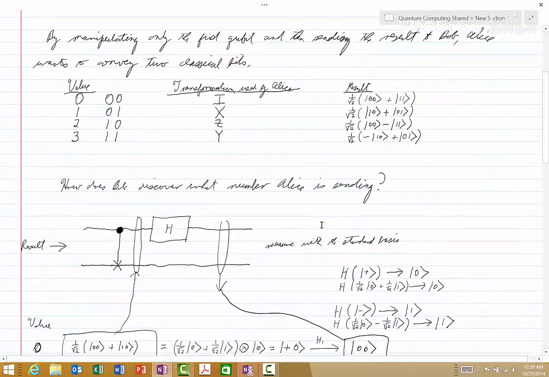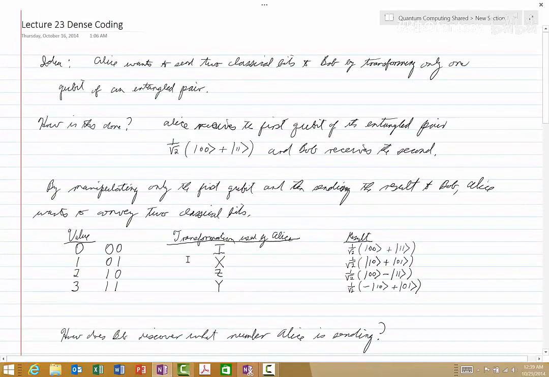Now I will remind you that in the dense coding algorithm, Alice is wanting to send a classical 2-bit number. It is one of these four, 00, or 01, or 10, or 11.